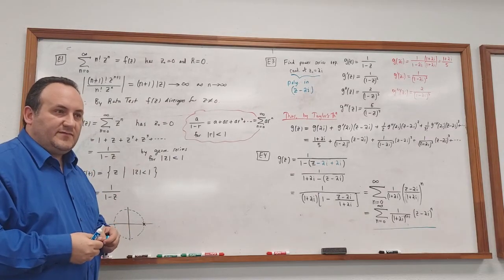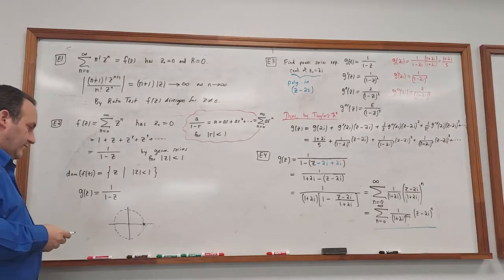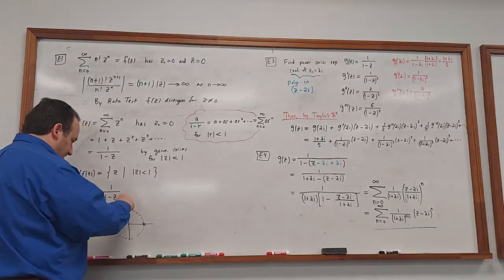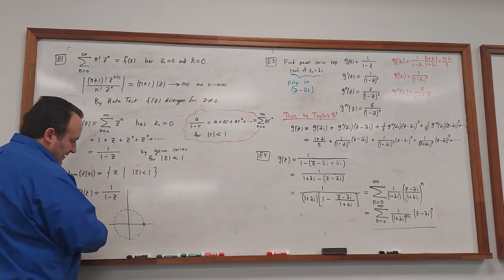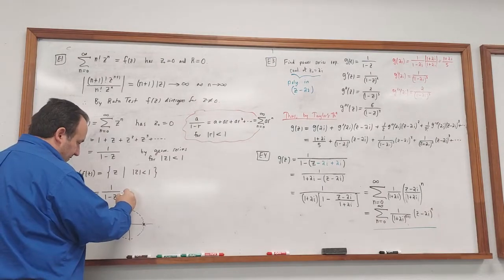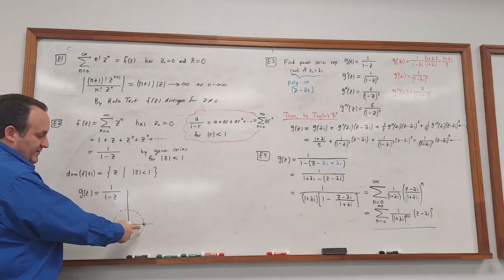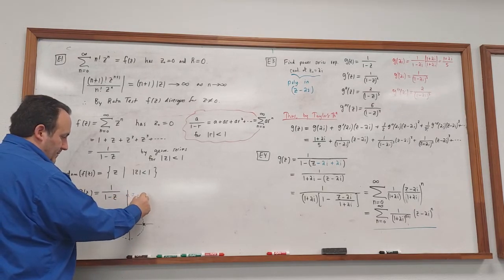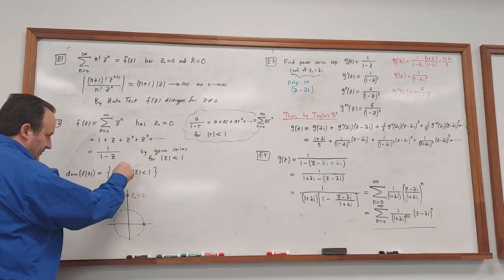What's its radius of convergence? It's centered at z naught, or 2i. So 2i is where in this picture? 2i is up here, right? It's the same function with the same trouble, but this is the center now. And the radius would be from 1 to 2i.